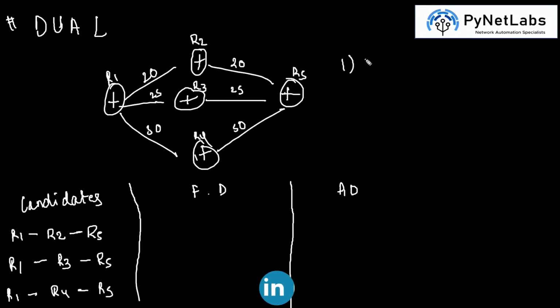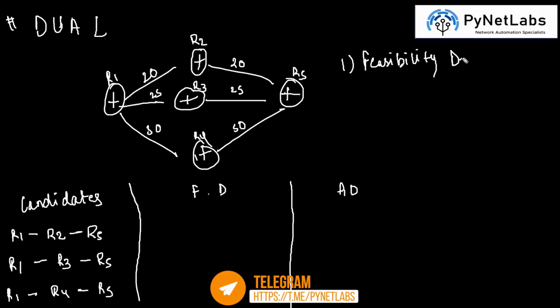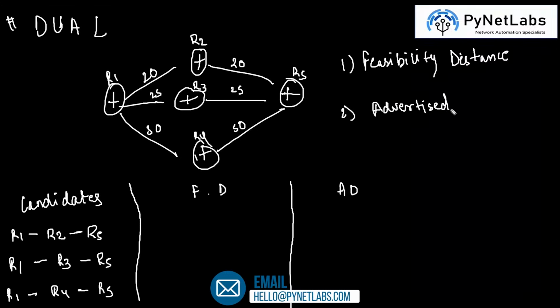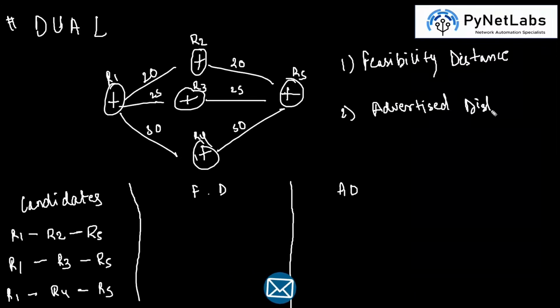The first one we have is feasibility distance. Then we have advertised distance.